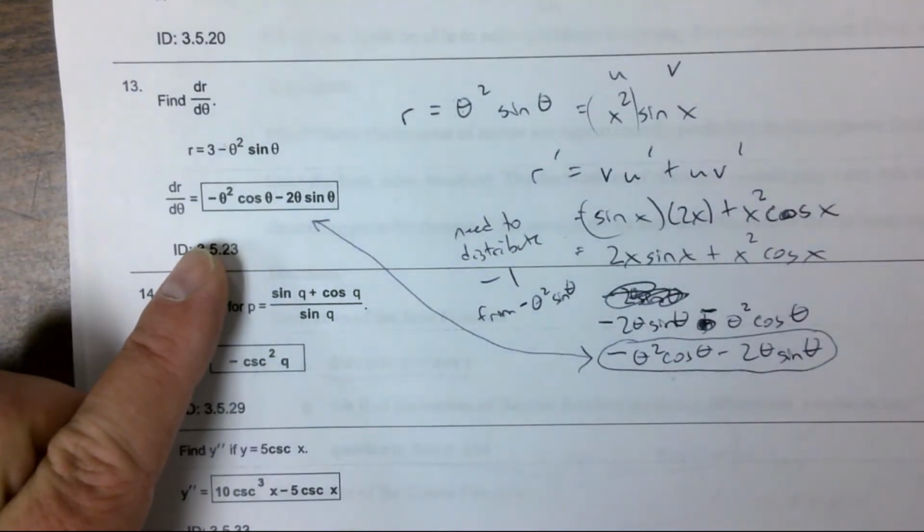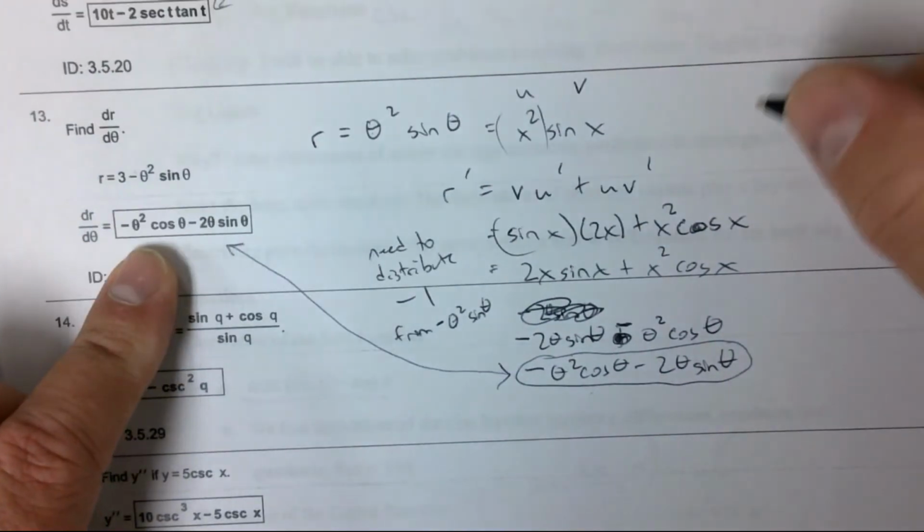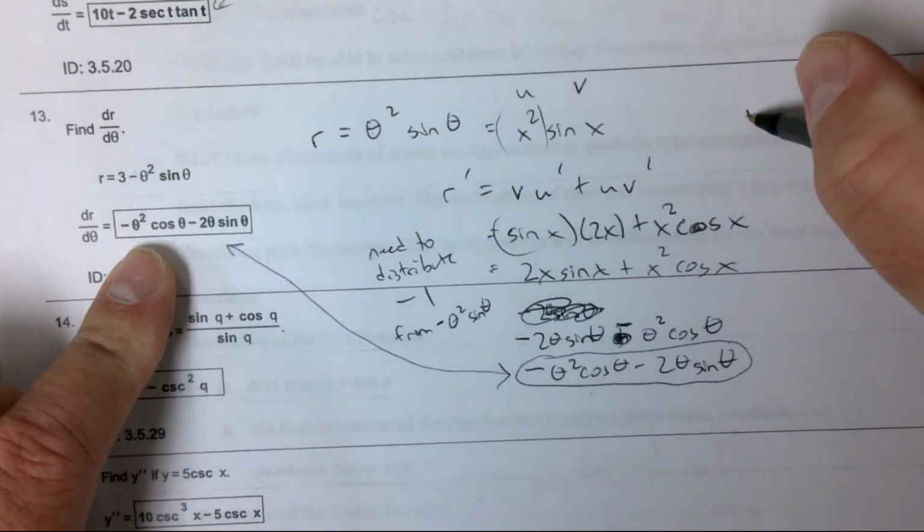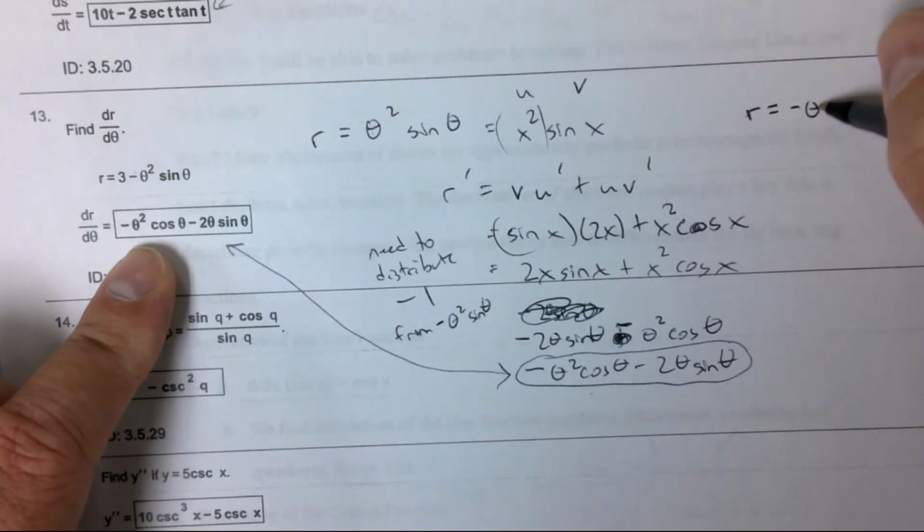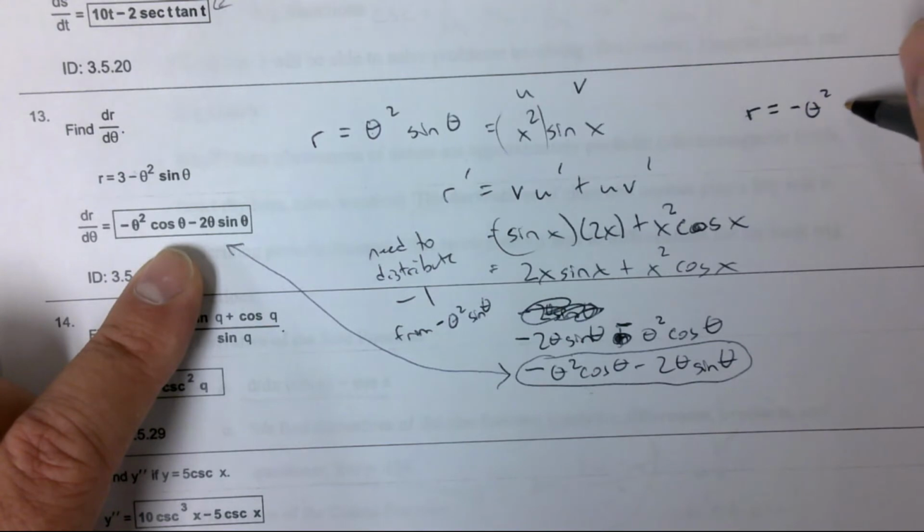Now, if you want to do it the other way, if you want to do it right, you could say r equal negative theta squared sine theta.